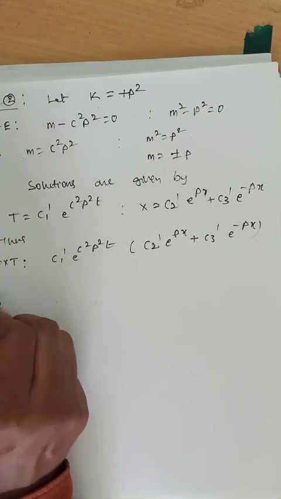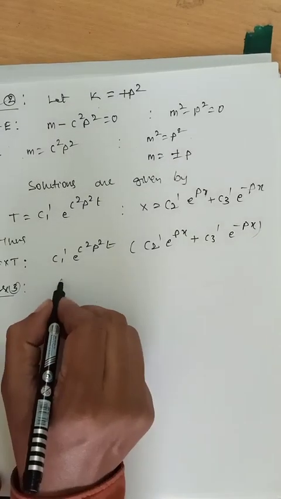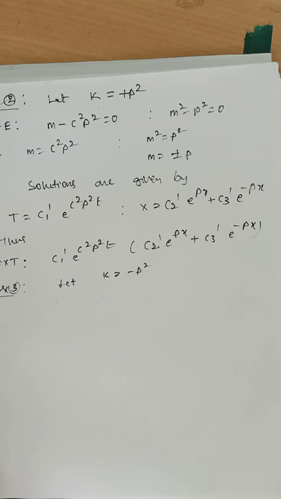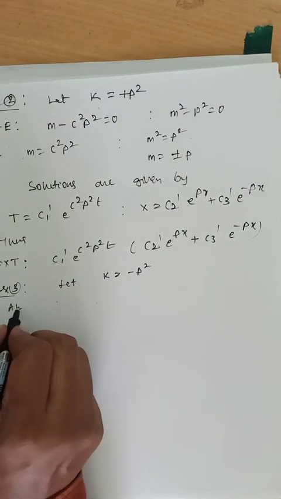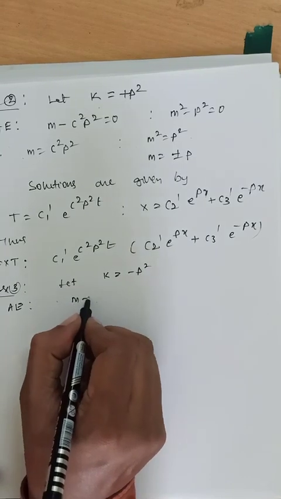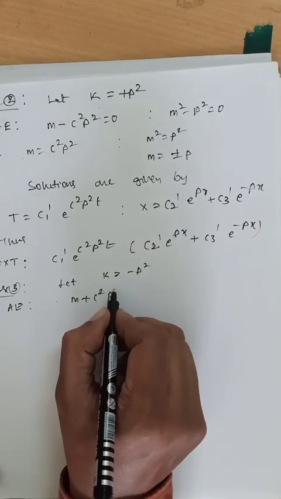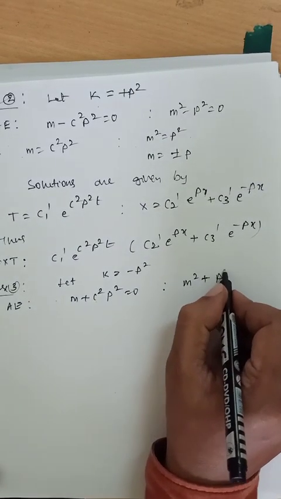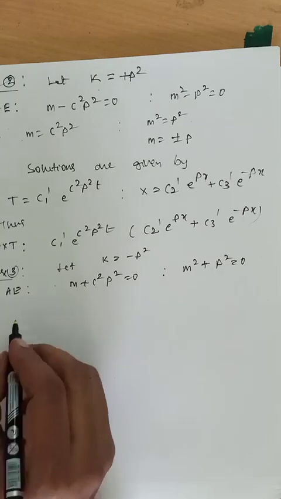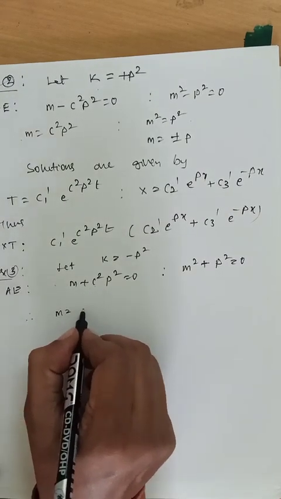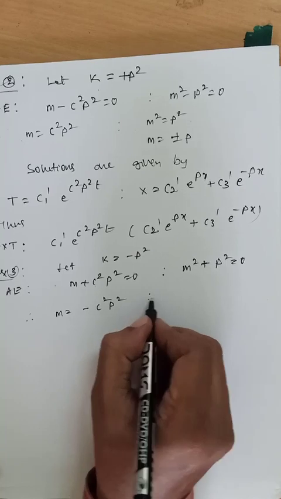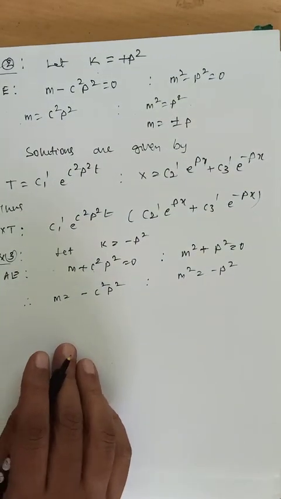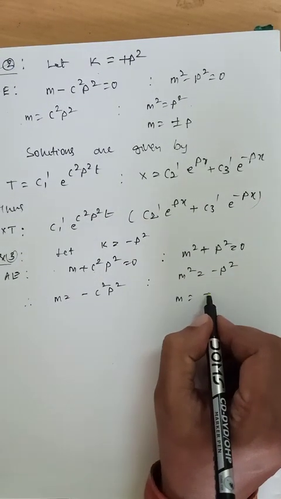Next, case 3. Let k be negative, denoted by minus p². Auxiliary equation: m + c² p² = 0 and m² + p² = 0. Therefore m = −c² p². Here m² = −p², m = plus or minus ip.